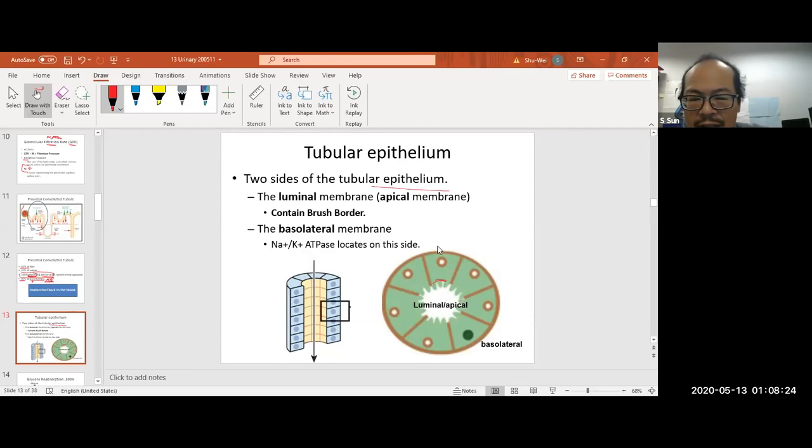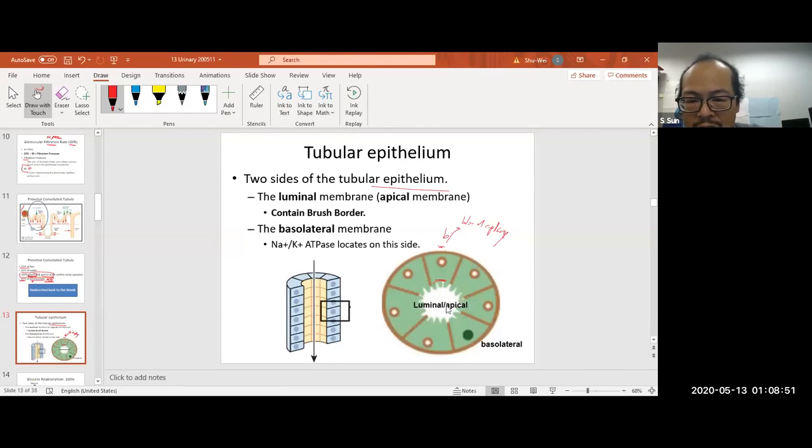The other phase is the body, the interstitial. Basically here it is reaching into the blood, the capillary. So it has one phase to the tubule lumen and the other phase to the blood.